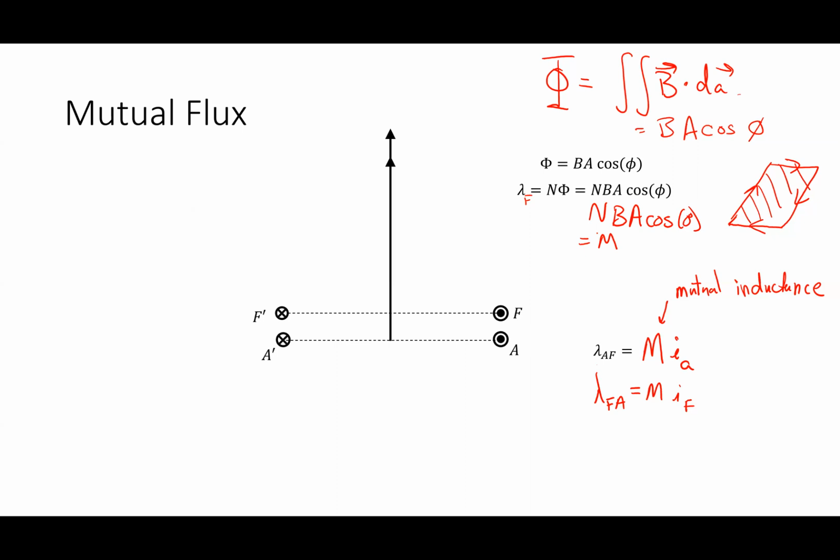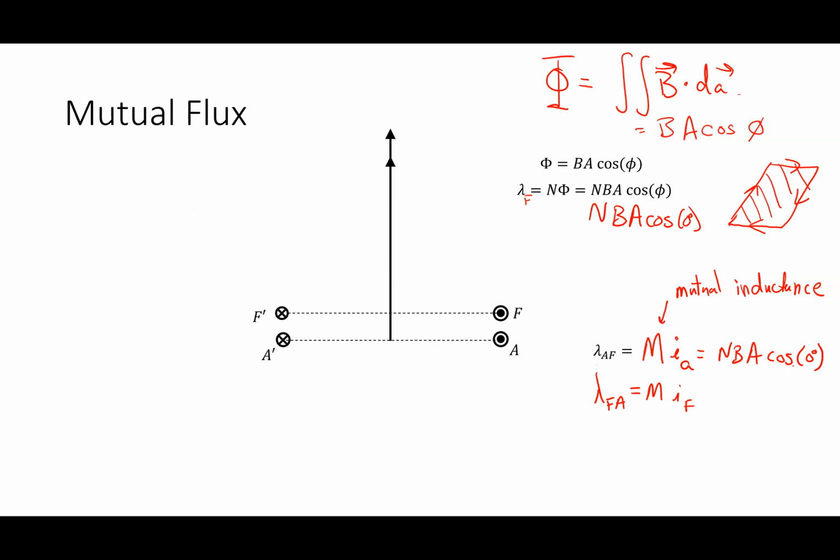I guess I got to be careful about that because somehow I'd have to factor out my current from that relationship. So it's not quite M, I guess. I guess it would be NBA divided by I or something like that. So in other words, the current's not factored into there. The M times IA would be NBA cosine of 0 degrees.